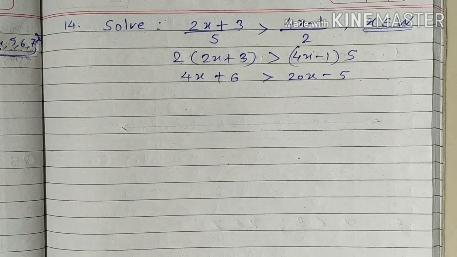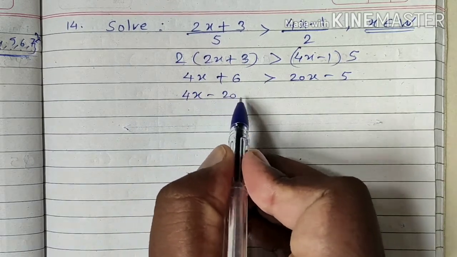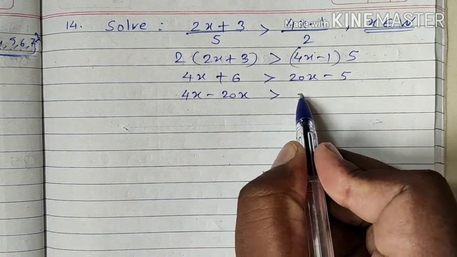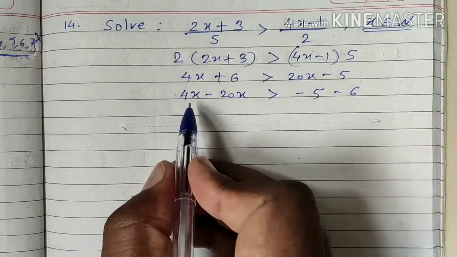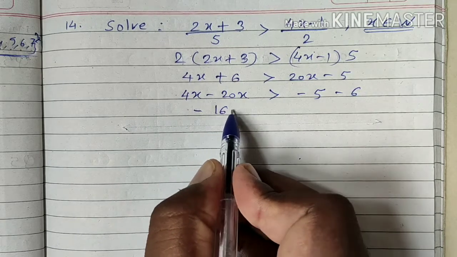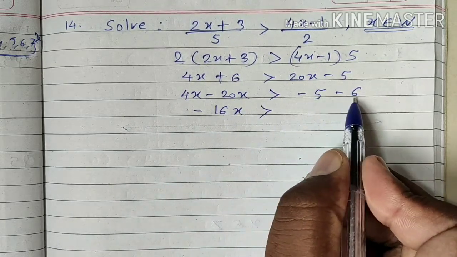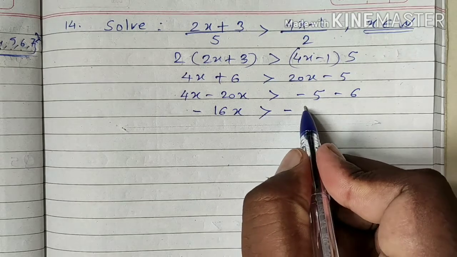Now to find out the value of x, shift all the x terms to one side, constants to the other side. So 4x minus 20x, minus 5 is here, 6 going that side will become minus 6. Now it becomes minus 16x, and it is minus minus addition, but the sign of the greater number, so it becomes minus 11.